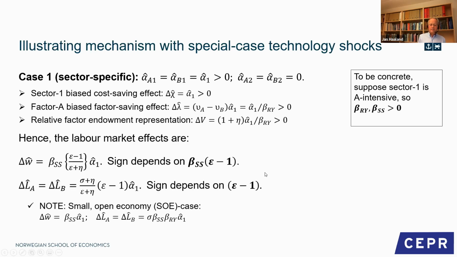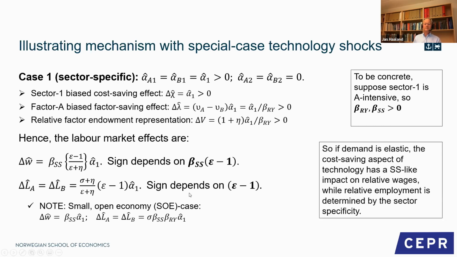So in this case, the labor market outcome, if there's sector-specific technical progress in sector 1, depends on the elasticity of demand. If it's elastic, then the wage for factor A will go up if this sector is A intensive, and so on. The employment in the sector will go up in any case because that's given by the sector specificity.